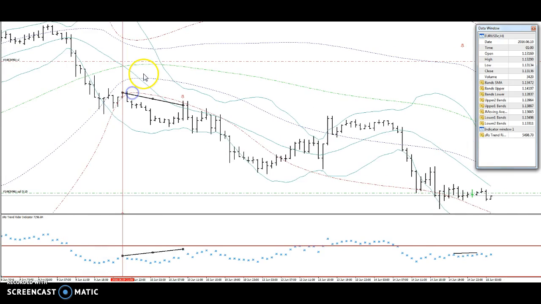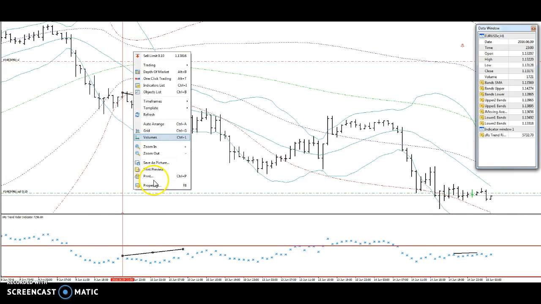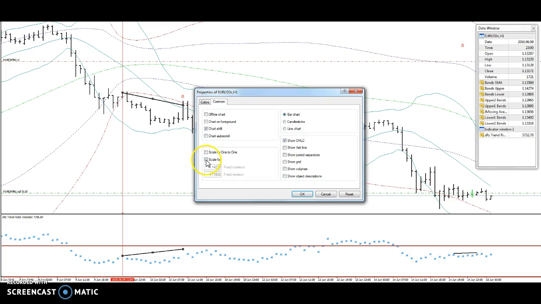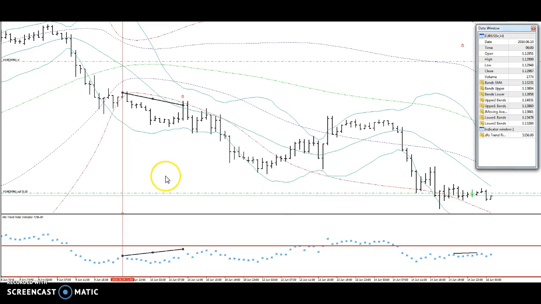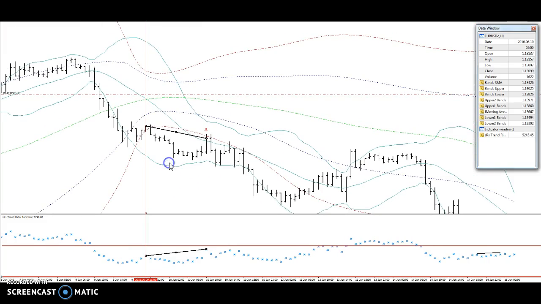The upper Bollinger Band is also going down. So the system is looking at the BB high being lower than the previous BB high, and the BB low being lower than the previous BB low. So that means the market is in a trending mode.